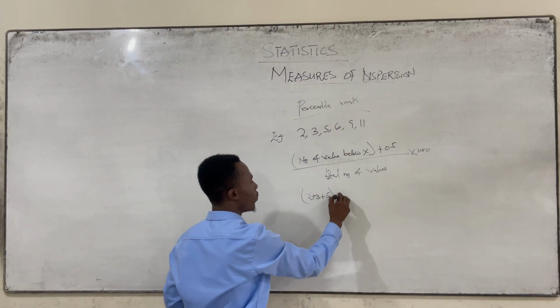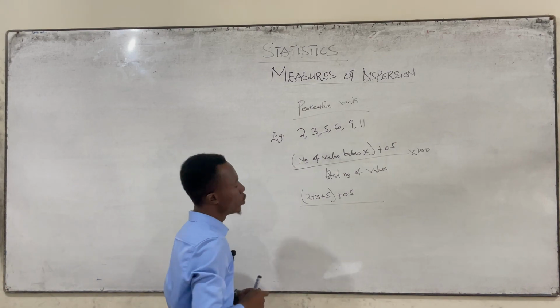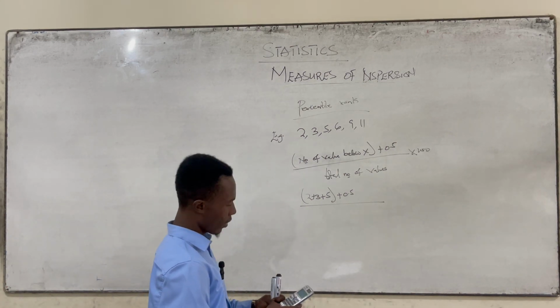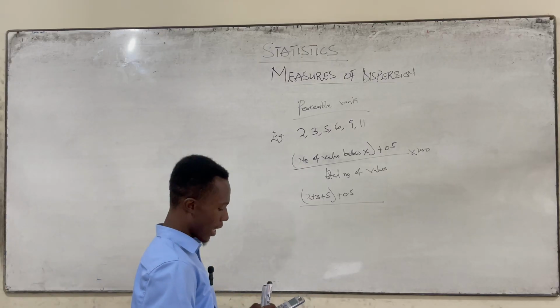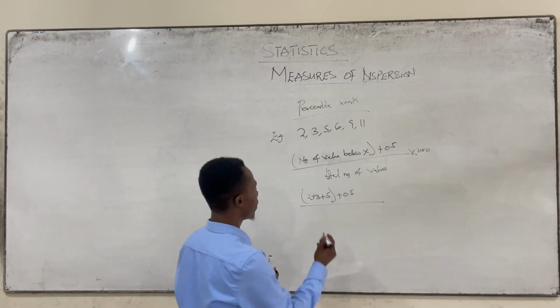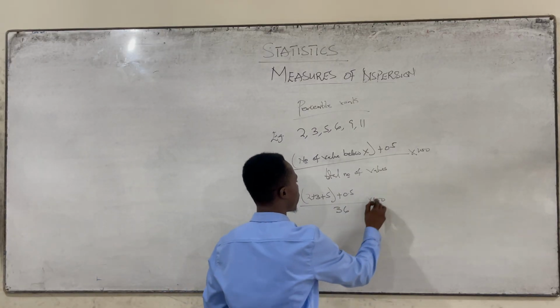These are the numbers. Then we add 0.5 to it. We divide it by the total number. So we say 2 plus 3 plus 5 plus 6 plus 9 plus 11 will give us 36, right? So we divide it by 36 and we multiply it by 100.